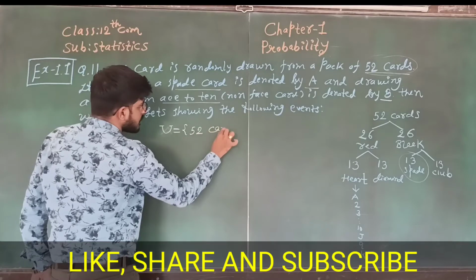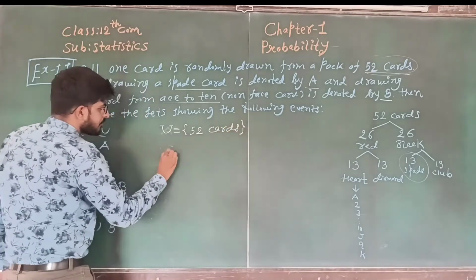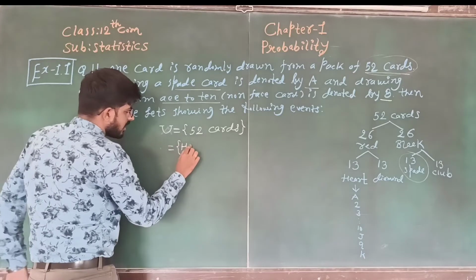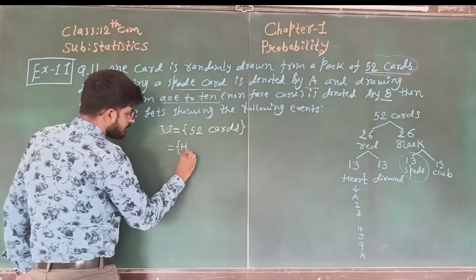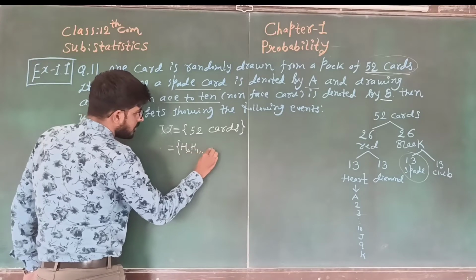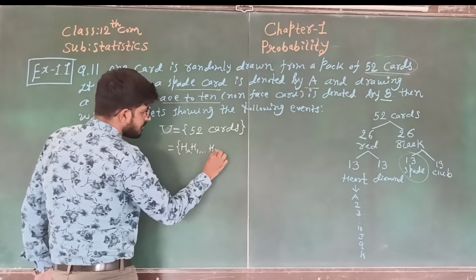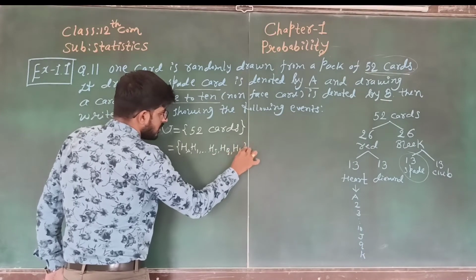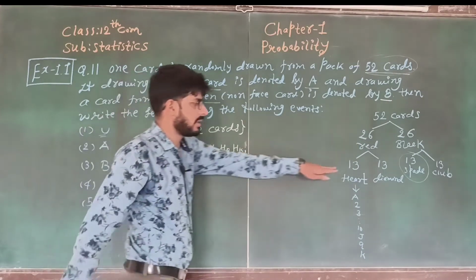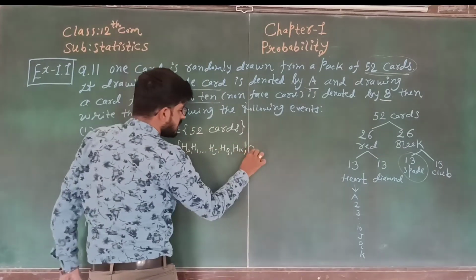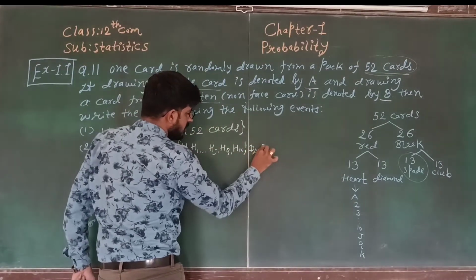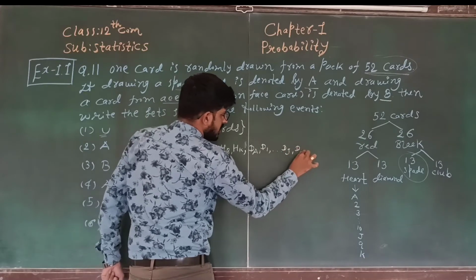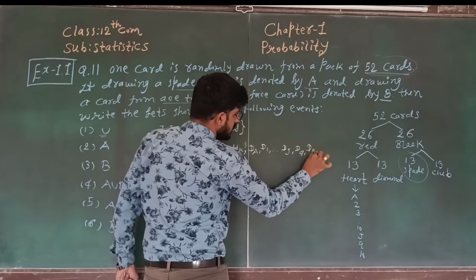So we can write first heart shape: HA, H1 up to HJ, HQ, HK. Then diamond shape 13 cards: DA, D1, DJ, DQ, DK.